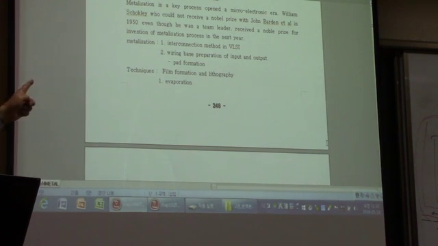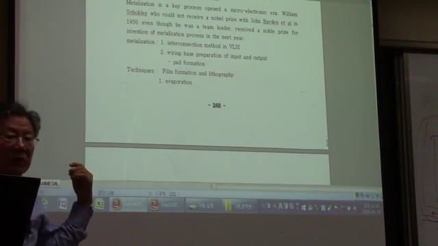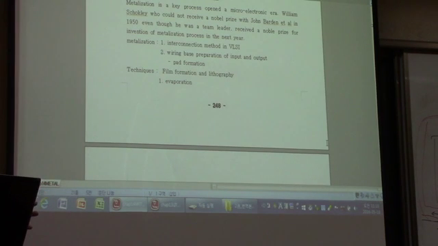Actually, Shockley was the leader of that team, but he was staying in England for other research. He left his team, three people, John Bardeen and Brattain. There were three people who got the Nobel Prize for the invention, and even though Shockley was the leader of that team, he was not at the site of the invention, so he could not get the Nobel Prize.